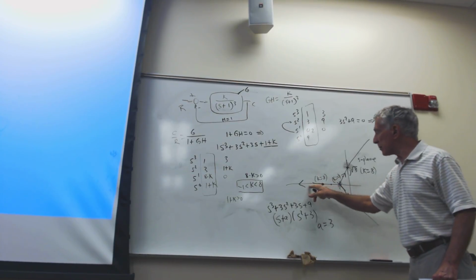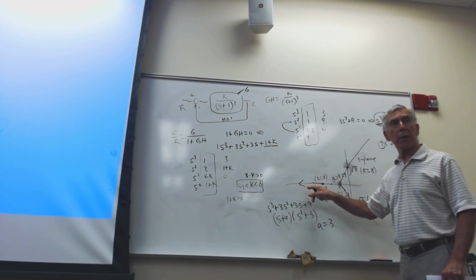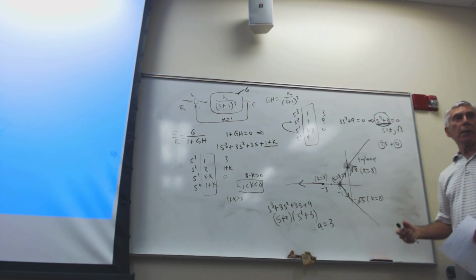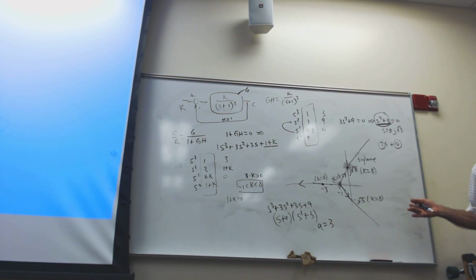As the gain continues to increase beyond 8, we'll have right half plane complex conjugate poles, and the third real pole is moving further out. So this is what's called the root locus. What it shows is the movement of the closed loop transfer function poles as the gain k increases from 0 to infinity.